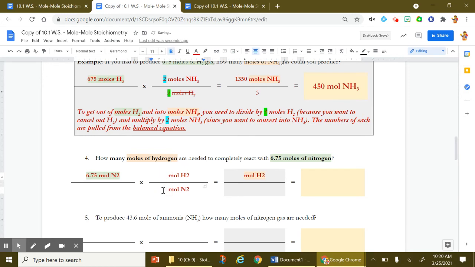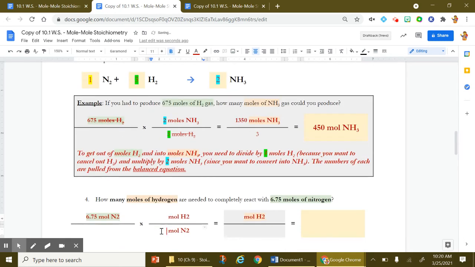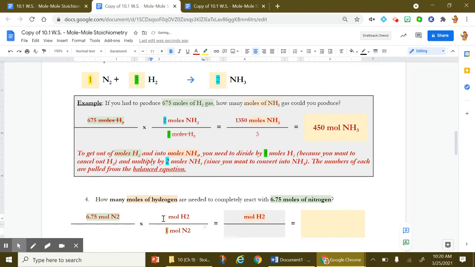Okay, so what numbers belong here? Once again, we go to the balanced chemical equation. Let's look up here. Nitrogen. It's 1 nitrogen, so 1 mole nitrogen, for hydrogen for every 3 moles hydrogen. All right, 3 moles hydrogen.